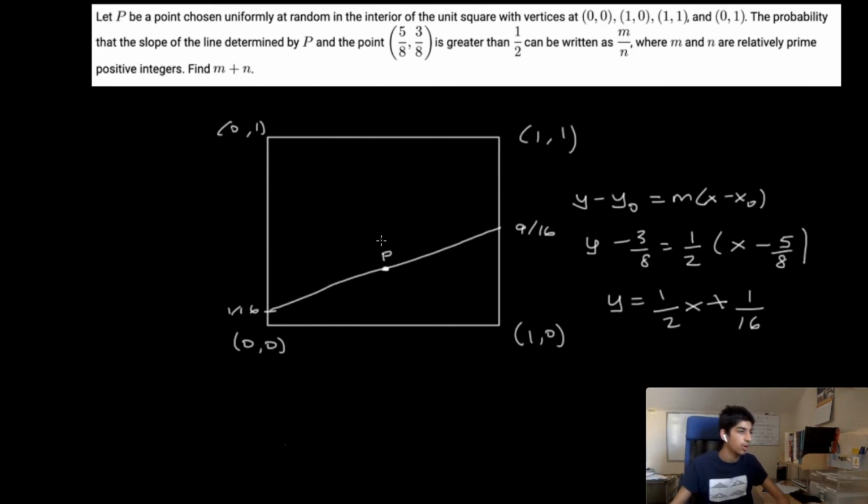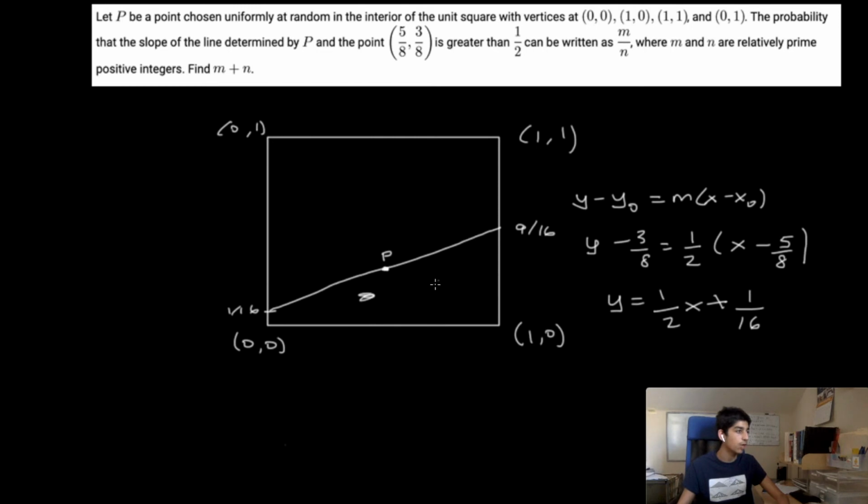Okay, so now let's actually think about when the slope is greater than 1/2. Well, obviously the slope would not be greater than 1/2 if it's on this side of this line over here. So we know that the region we want has to be on the other side of P over here.